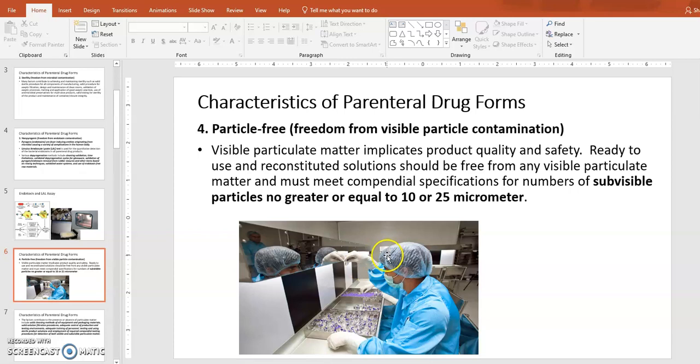The particles that can be detected by the naked human eye are about 10 or 25 micrometers or larger. If particles are smaller, then they are not visible. They are considered subvisible. There are different ways of detecting particles, but your drug should not have a lot of particles. That's for sure.